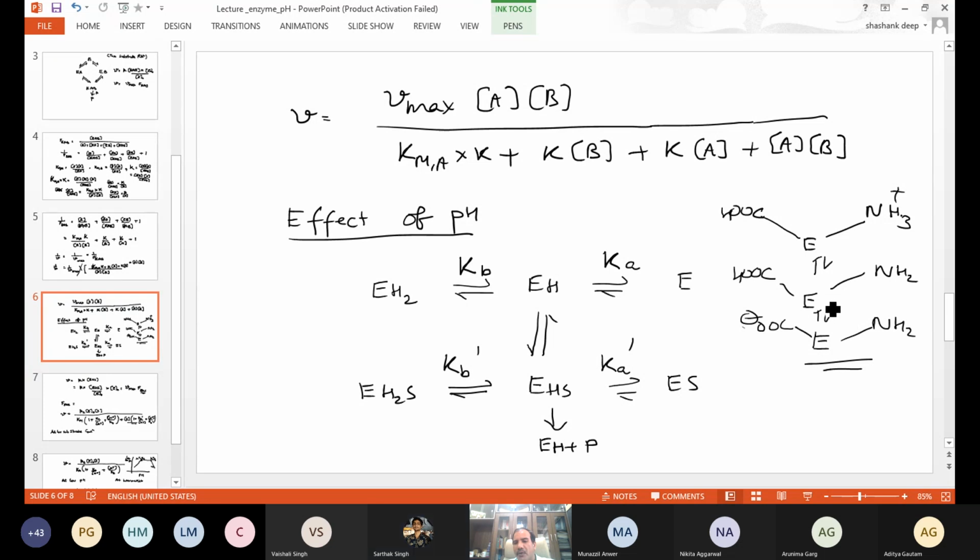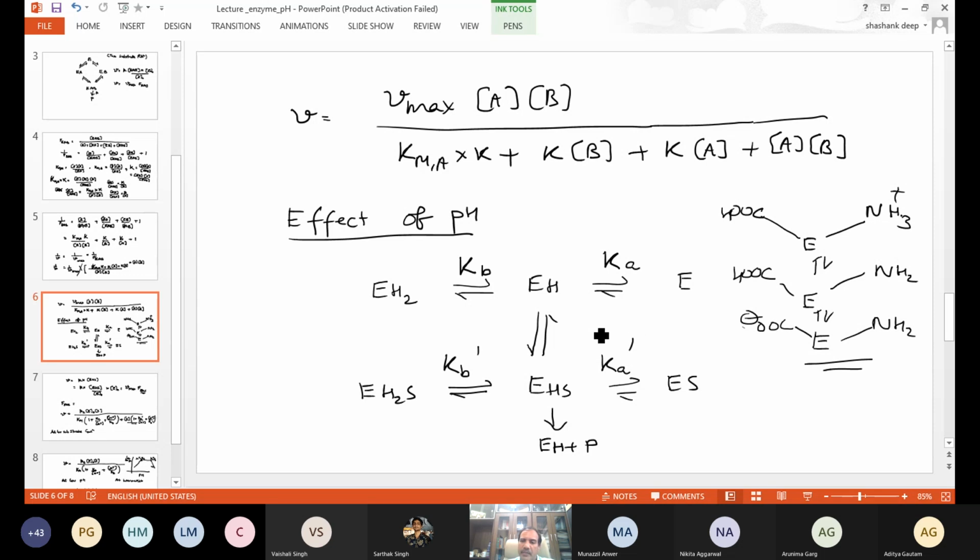So here what we are showing in the acidic form is NH3 plus COOH, and then this form is the zwitterionic form. Because the charge is minus and plus here, it doesn't matter, so we can write it like that. The last is the basic form.